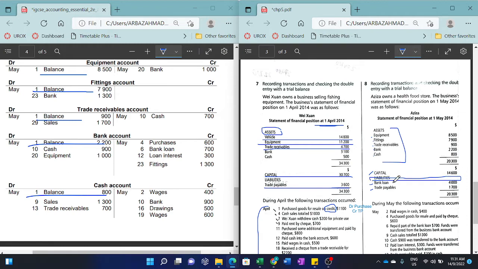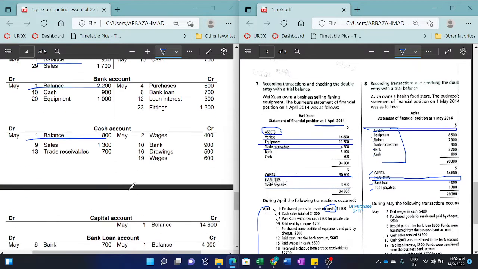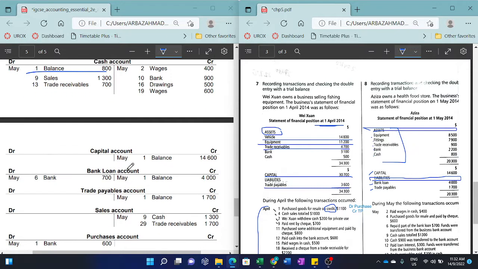Liability is just a title, so you cannot have the name. So here also asset will have no account because it's just a title. Okay, so you are going to do the same thing. Capital, credit, all the liabilities will be credit.